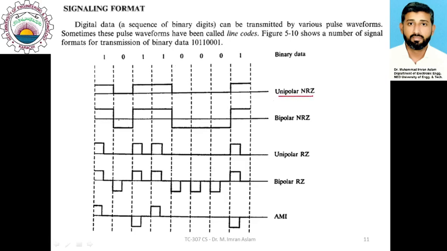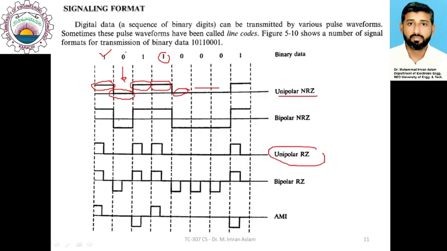These are some commonly used signaling formats. First is unipolar NRZ. Unipolar means we use a positive amplitude to represent binary 1 and a 0 amplitude to represent binary 0. You can see that the 0 amplitude is representing binary 0. Similarly, the high amplitude is representing binary 1. The binary 1 is again represented by a high amplitude, and the 0 is represented by a 0 amplitude, and so on.